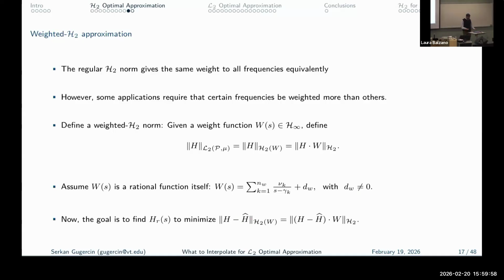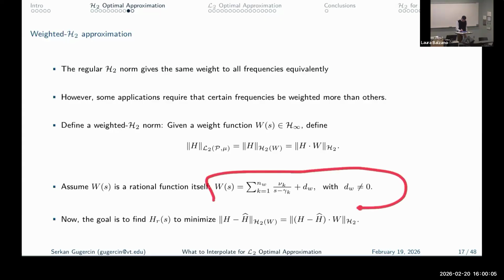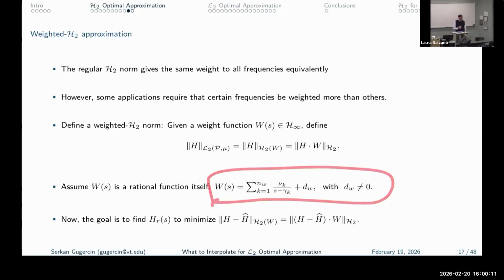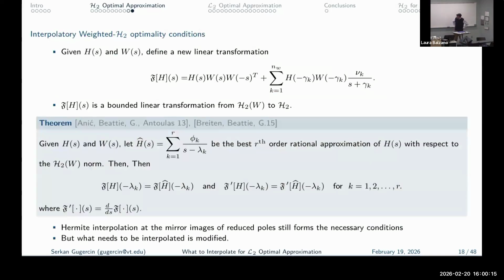Okay? This is a really common problem. Usually this is the closed-loop transfer function in the control reduction setting. And we made the assumption that our weight function is also a rational function, in this case, of degree NW. Okay. Things are going to start getting ugly with these formulas. I apologize.